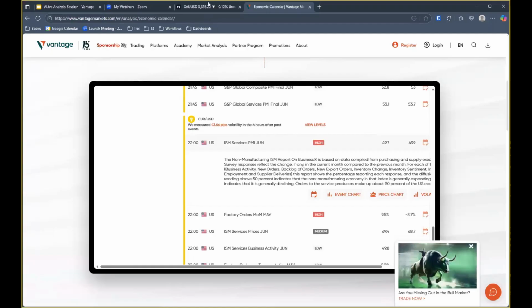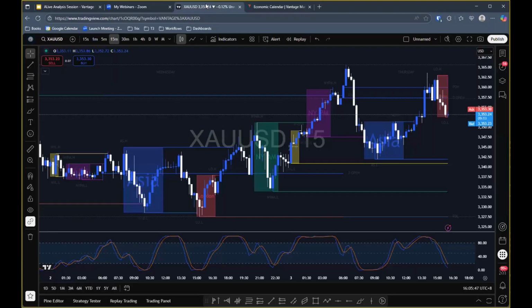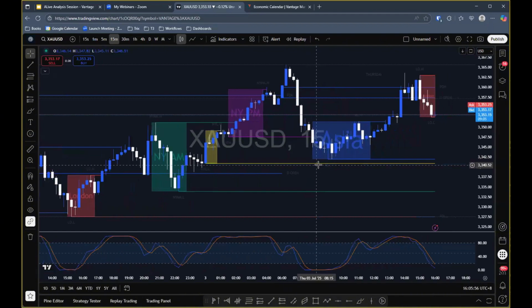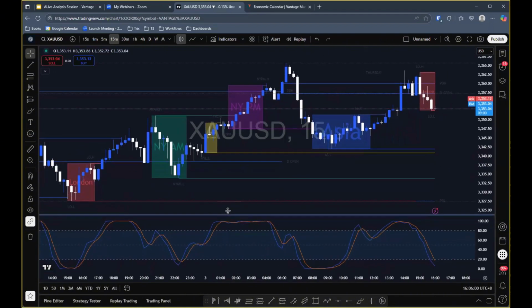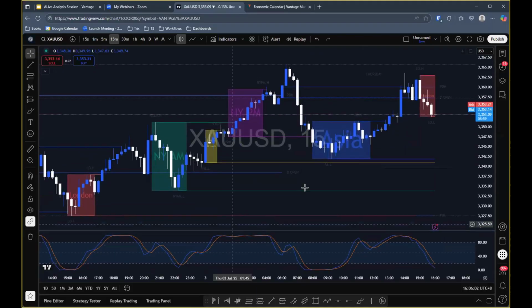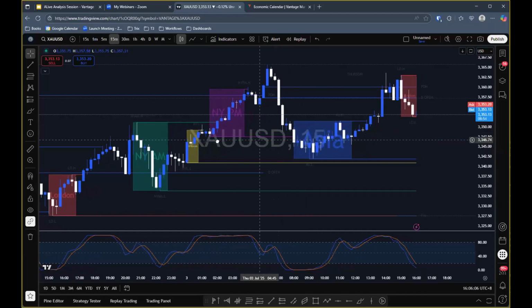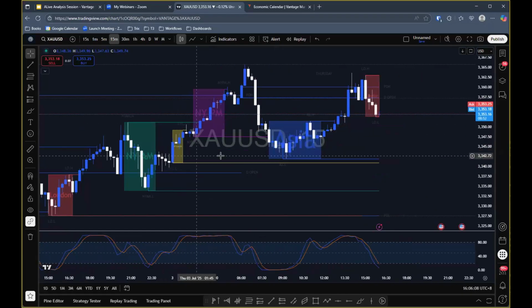So let's head over to TradingView, and this is what we have for today. We're going to do a little more exploration of another indicator, because I think a lot of you are already quite familiar with the pivots. We'll still go through the pivots, but another very important indicator is the stochastic RSI indicator.